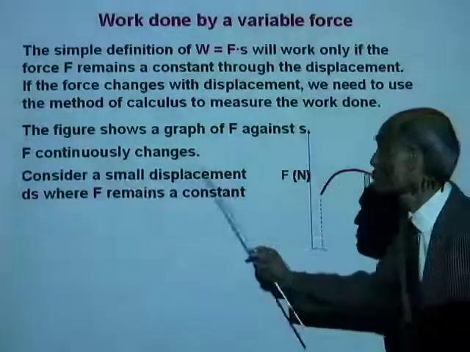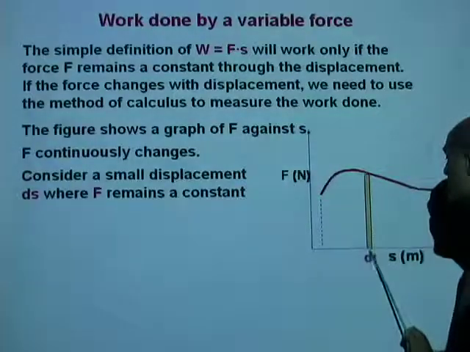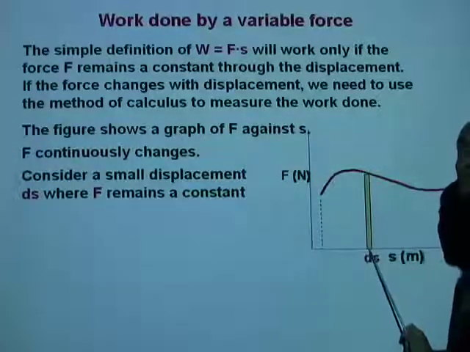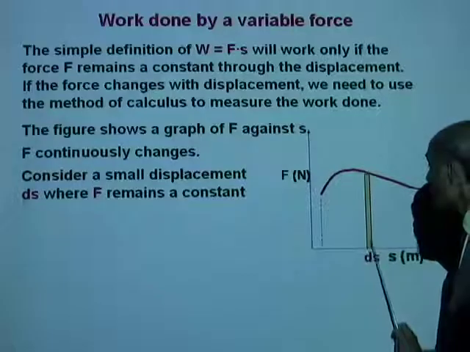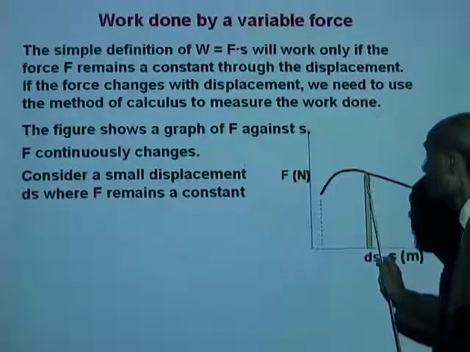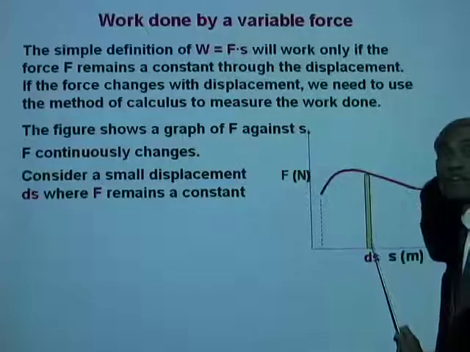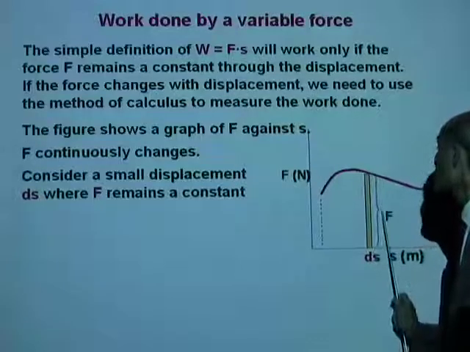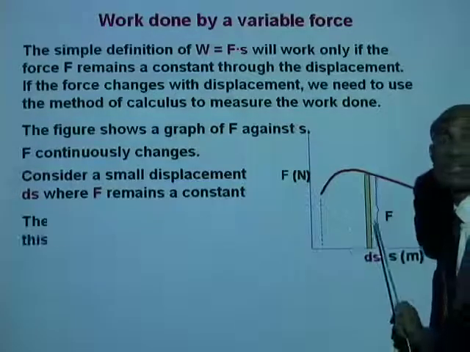Now, we have a neat way to interpret this. Consider a small displacement ds here. When the displacement is very small, we can imagine that during that displacement the force F will remain a constant.